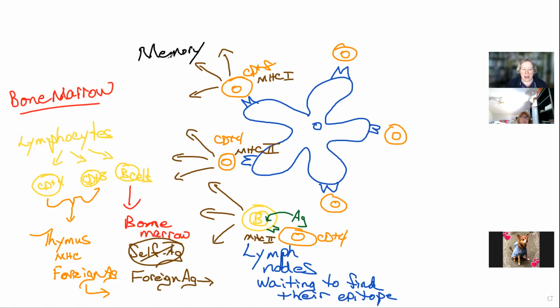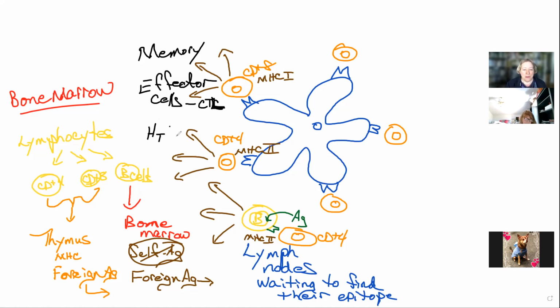And memory cells hang out, okay, they're in the lymphatic tissue, and their job is to make more effector cells. Okay, so the effector cells for CD+8, okay, are cytotoxic T lymphocytes. Okay. And then the effector cells for CD+4s, we get various helper T cells.